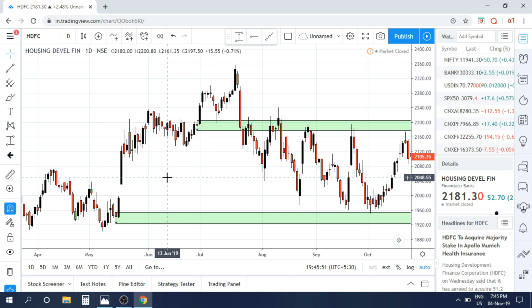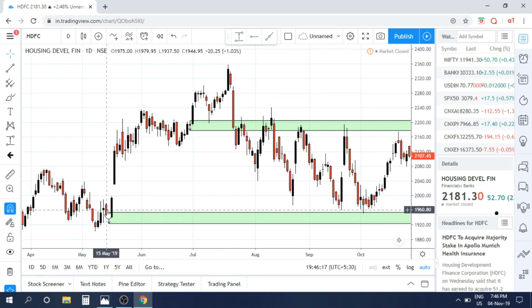And therefore, we can expect that a good amount of pending orders is present in that particular zone. So it is quite understandable that this is one of the quality factors that we take into consideration.